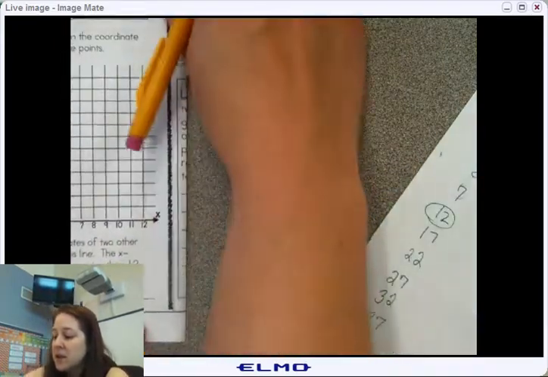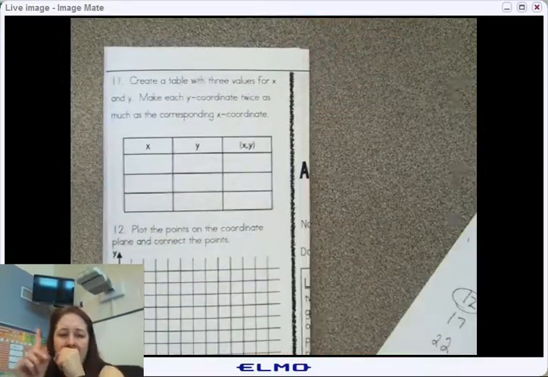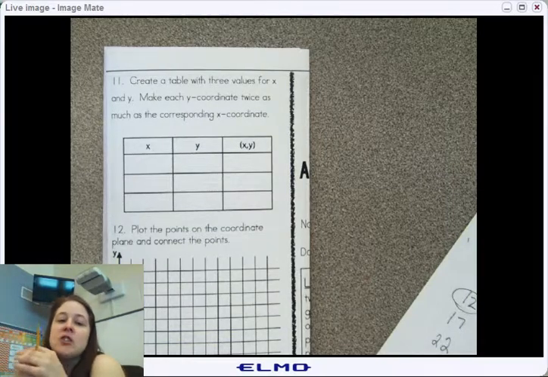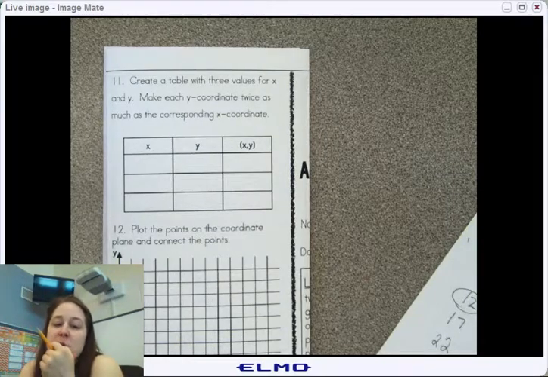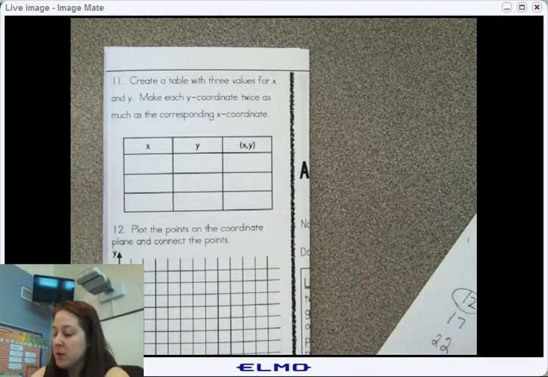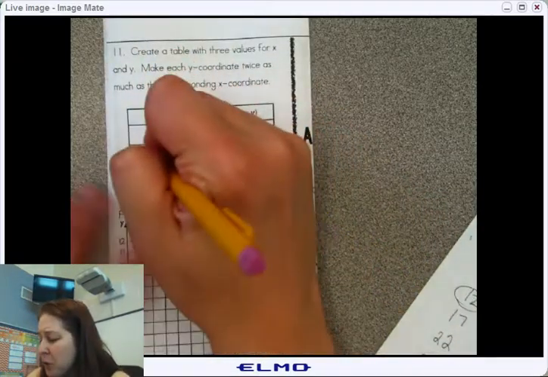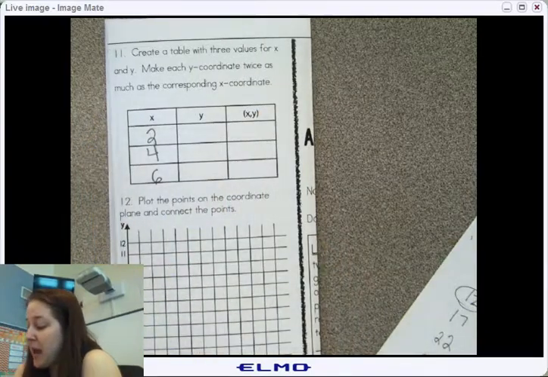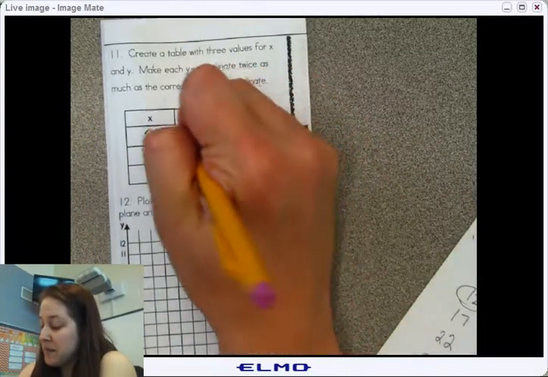Okay, looking at the box, create a table with 3 values for X and Y. Make each Y coordinate twice as much as the corresponding X. So we're just going to pick some numbers. I'm going to pick 2, 4, and 6. And then it says make the Y coordinates twice as much as the X coordinates. So basically I'm timesing this by 2.